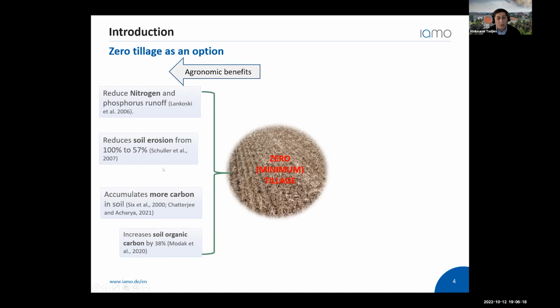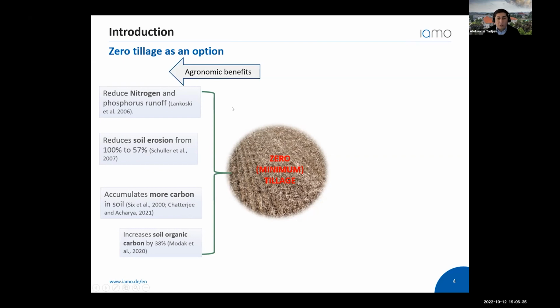As well, by using zero tillage, soil organic carbon will increase by 38%. So it will also help accumulate more carbon in soil.